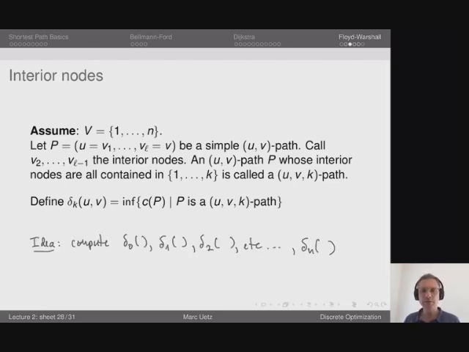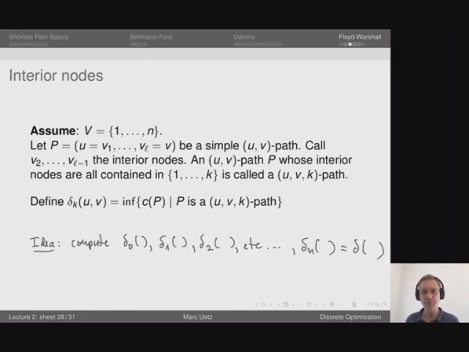The idea of Floyd and Warshall's algorithm is to first compute delta 0, then compute delta 1 for all pairs of nodes, then compute delta 2, etc., up to computing delta n. What would delta n be? Well, delta n means shortest paths from u to v, where the interior nodes are restricted to being the nodes 1 up to n. So that's all the nodes, so there's no restriction at all. So as a matter of fact, delta n is just the same as delta, and that's what we want to compute.